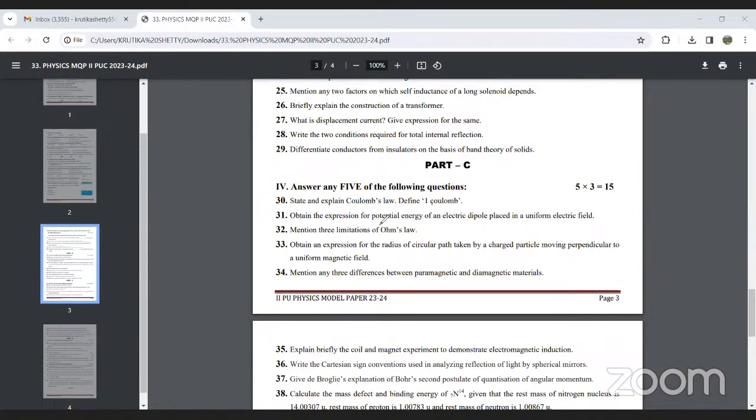Next question, obtain the expression for the potential energy of an electric dipole placed in a uniform electric field. So this is from the second topic.